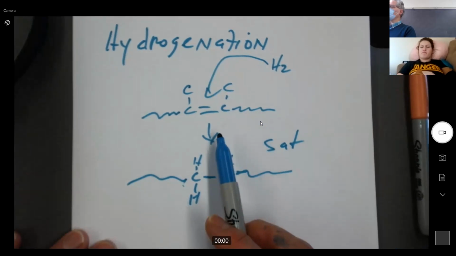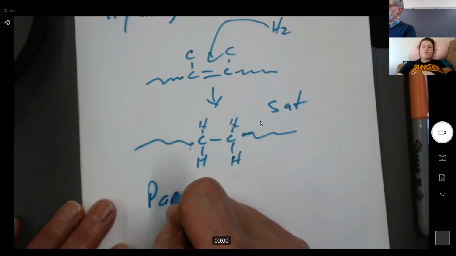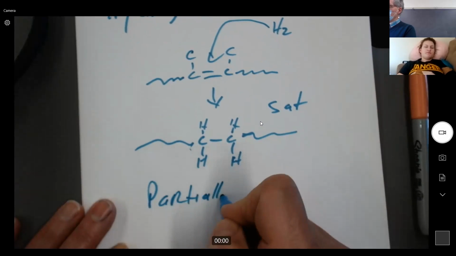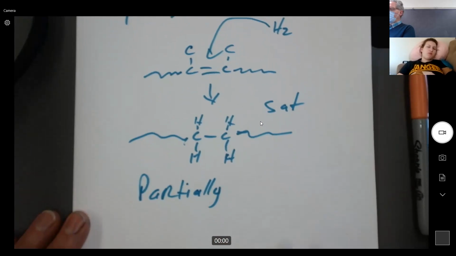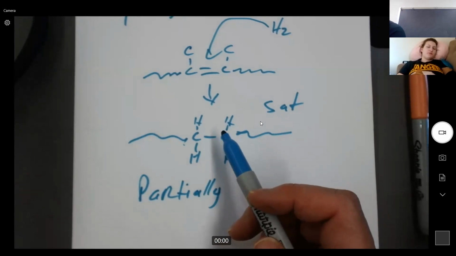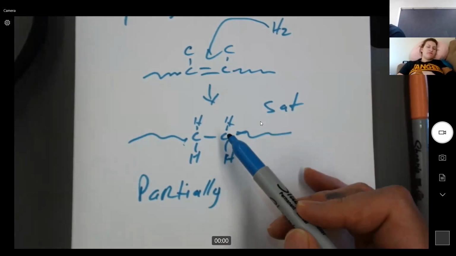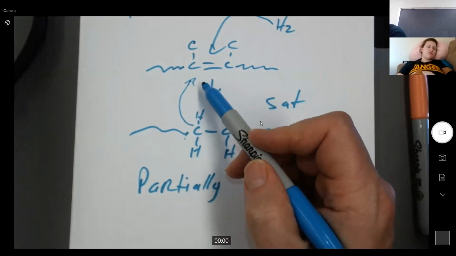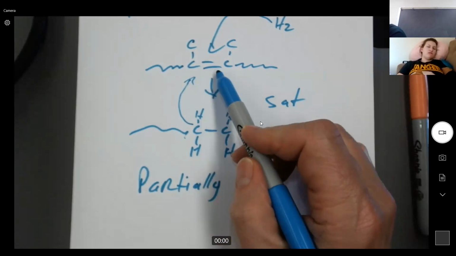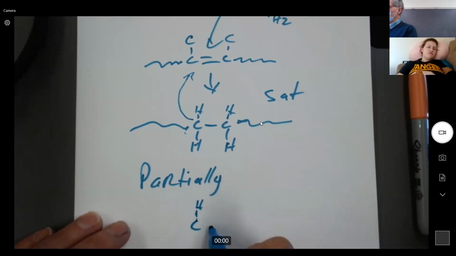Sometimes this reaction only occurs partially. And instead of reducing the double bond, you reduce it and then it goes back to being a double bond. But instead of being in the cis form, it's now in the trans form.